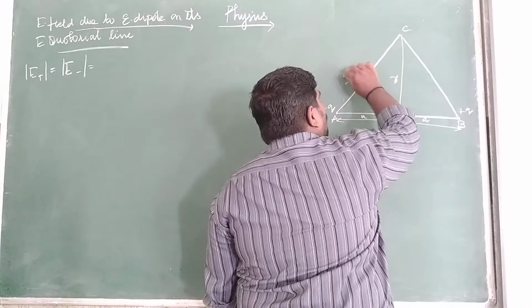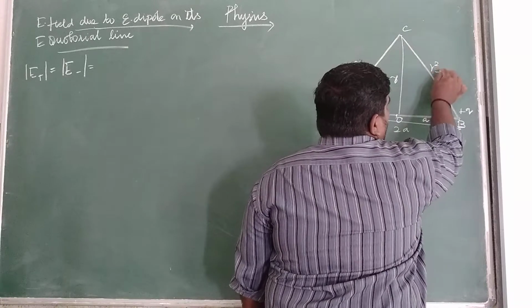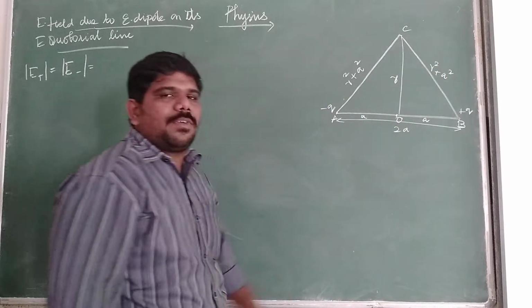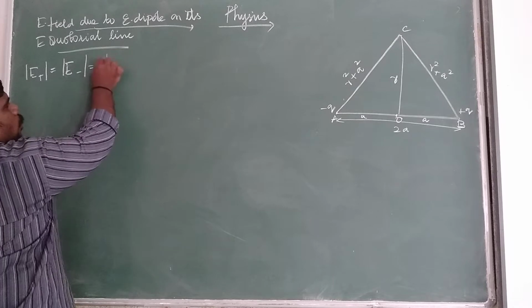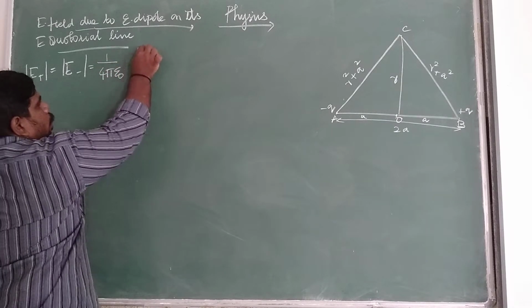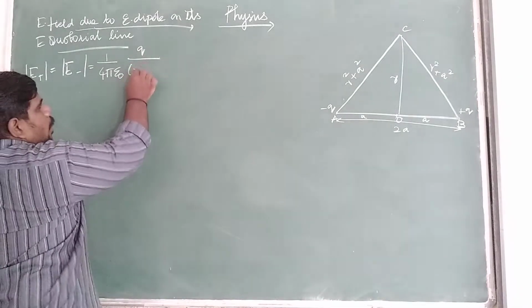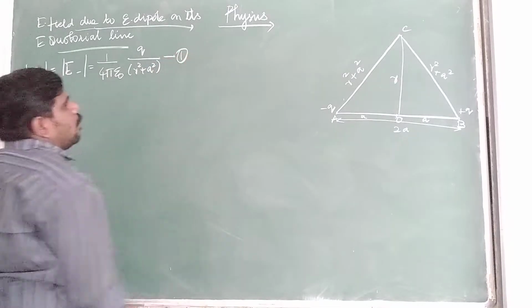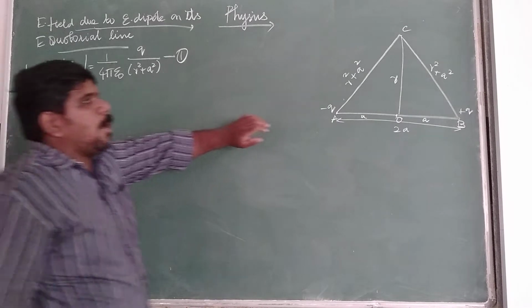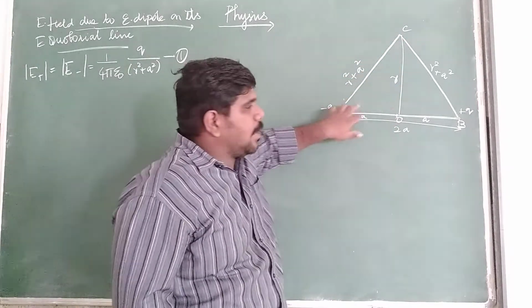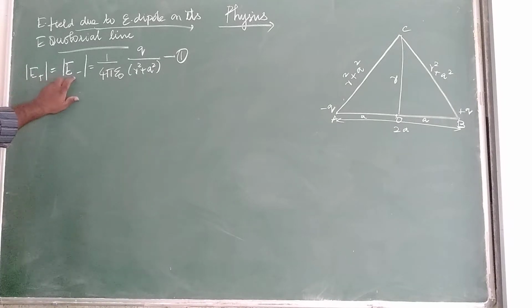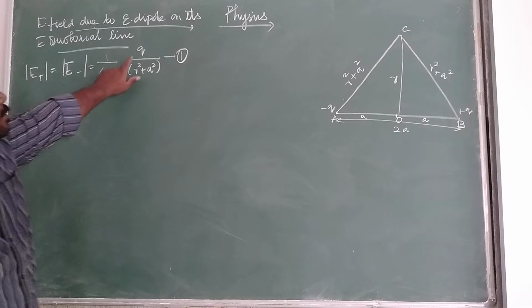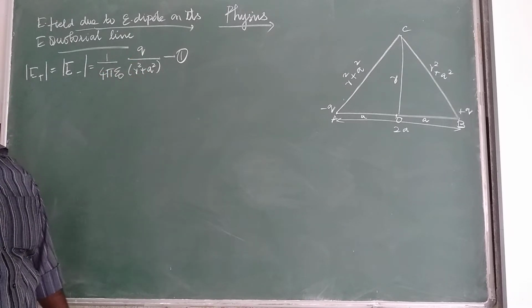Here the distance squared is r square plus a square for both plus q and minus q, so we get the same distance and the same magnitude. So E plus is equal to E minus, which is equal to 1 by 4 pi epsilon 0 into q by r square plus a square. This is equation number 1. Because the point C is at equal distance from the point charges minus q and plus q, the magnitude of the electric field is the same. Clear?